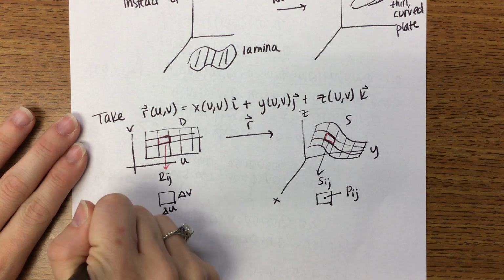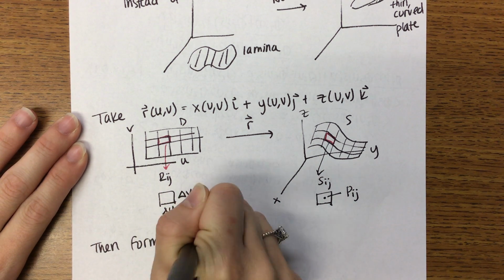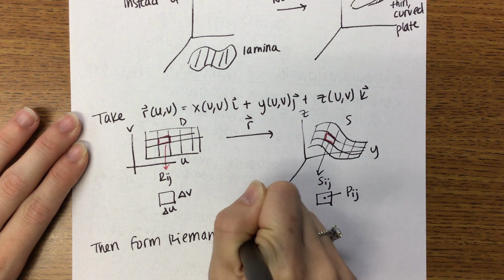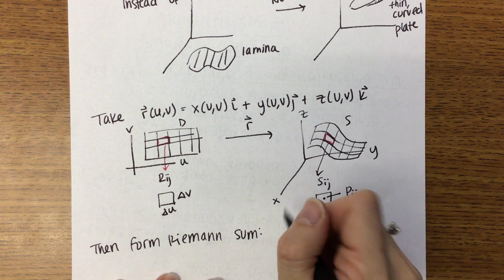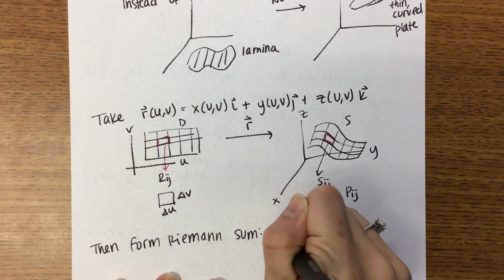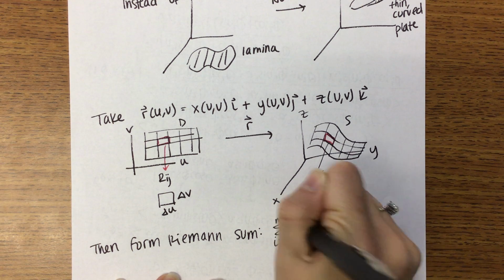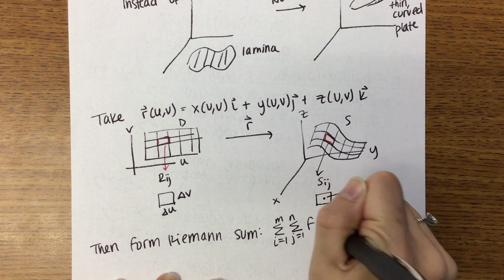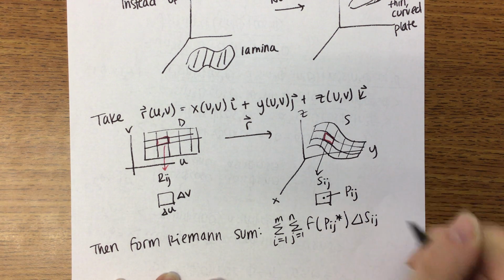Okay, so then what we're going to do is we're going to form the Riemann sum. That'll be the following. The sum from i equals 1 to m, and then the sum from j equals 1 to n of f of P of ij star times delta S of ij.